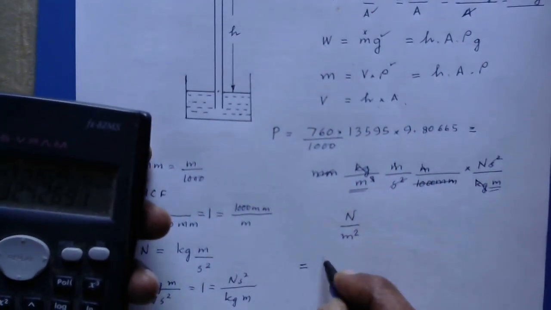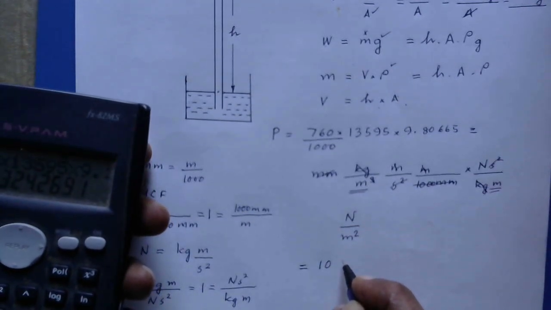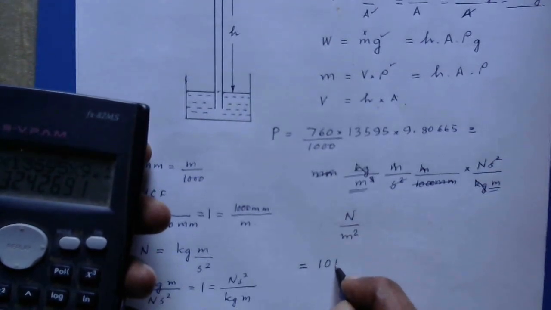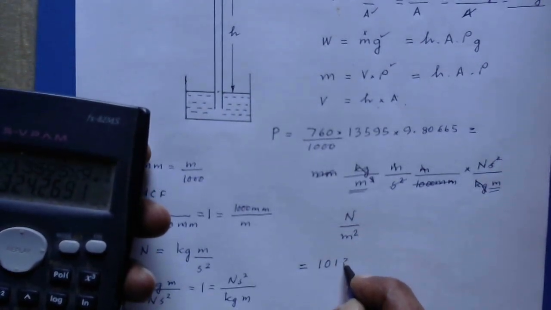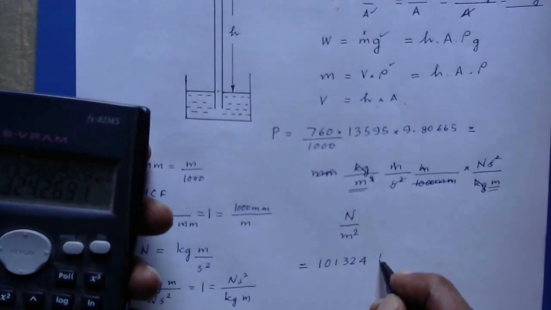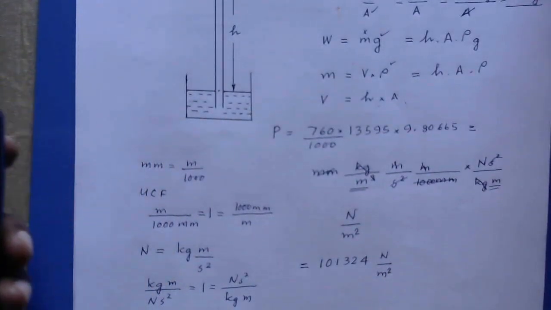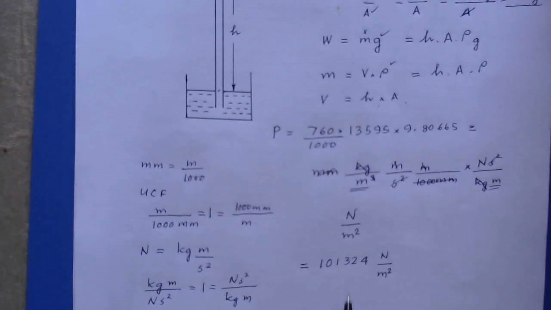The value is 101324 Newton per meter square. Okay, so that is the value which you can see is the standard value of the atmospheric pressure, which of course is 760 mm.